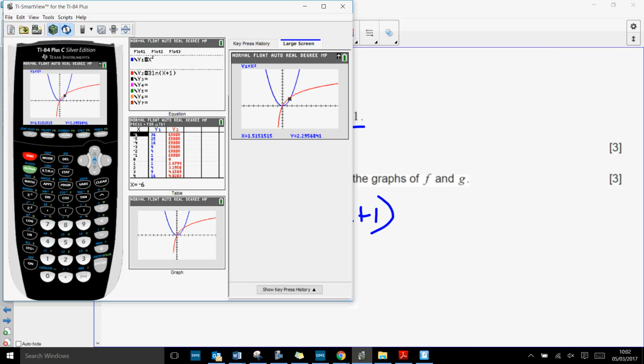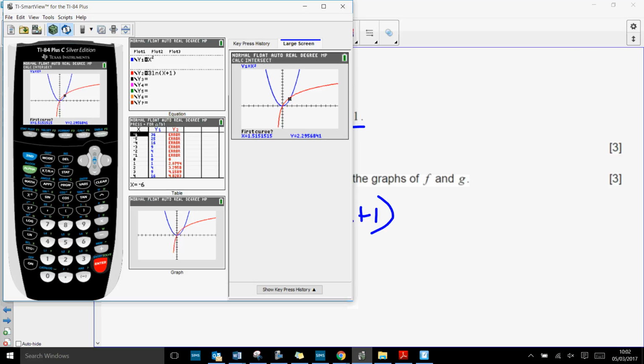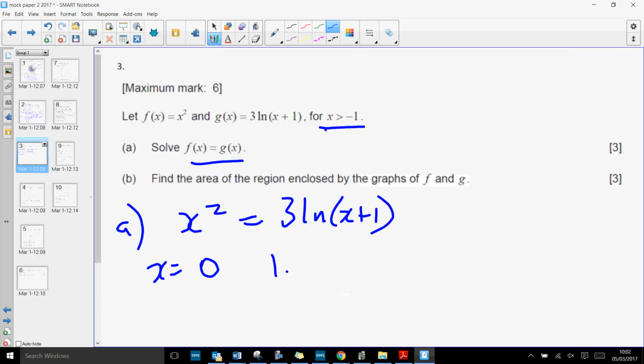Second, calc, intersect. First curve, second curve, guess. So the other point is 1.74. Okay, remember round to 3 sig. Right, so there are 2 values that we've solved.